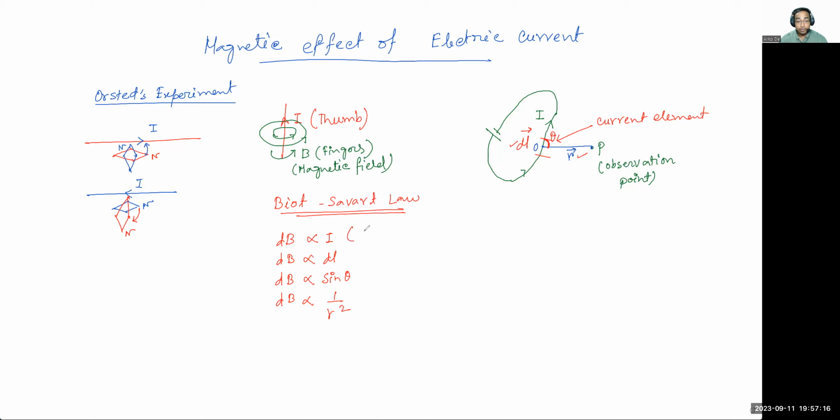Let me write it down for you. Current, please take note everyone, passing through the current element. dl is the length. Let me write the current element as CE, as a short form.